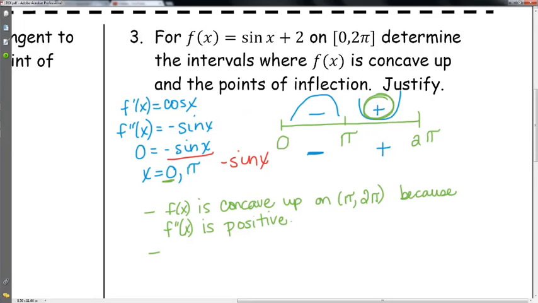So the only sign change that I see occurs at pi. I'm going from negative to positive, and so I can identify that my point of inflection is going to be at pi.